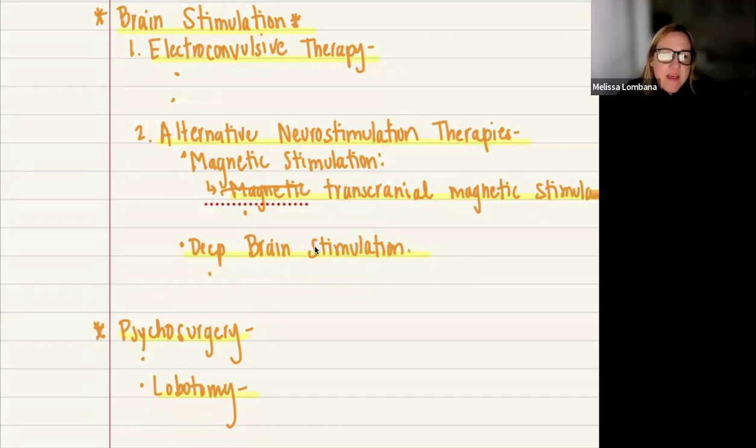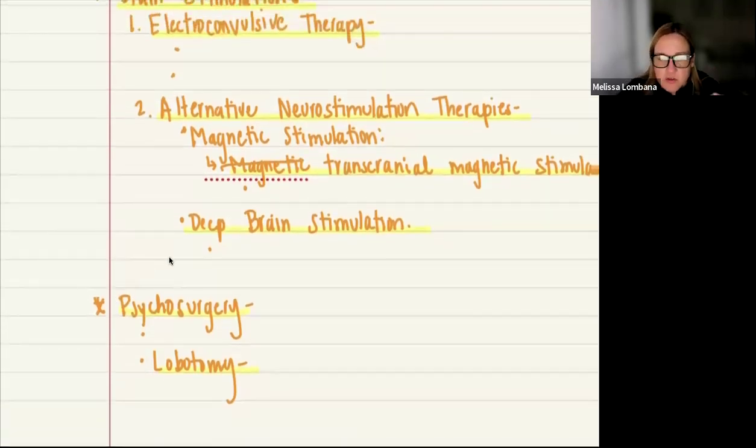This is where they put a thin wire that's surgically implanted into parts of the brain that are associated with depression. And then it's like an electric current for that. Okay, but that one is surgery. They have to do a surgery to put the wiring in there. Okay.